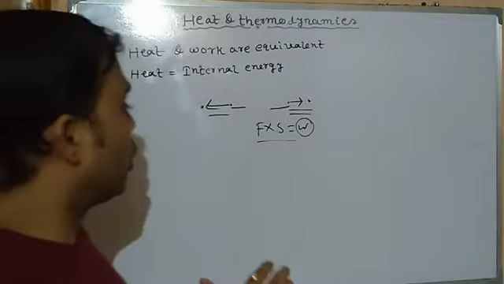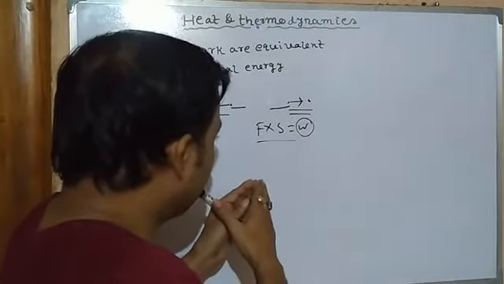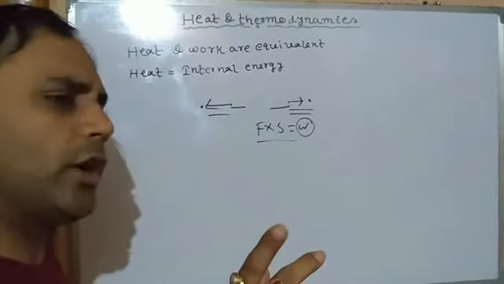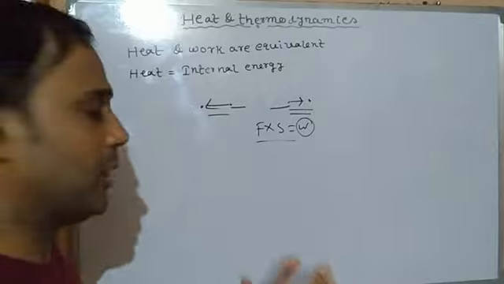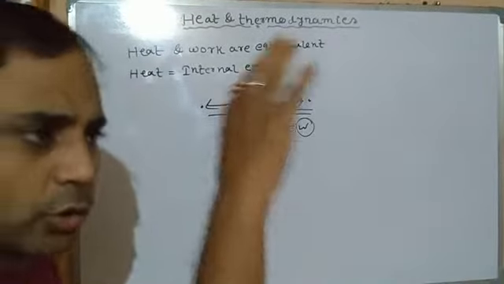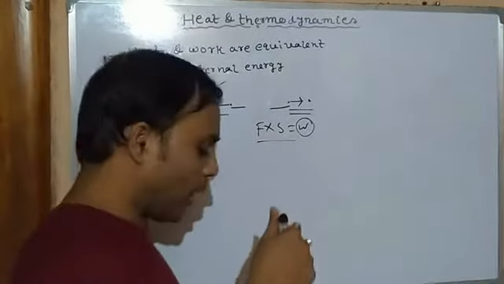Okay, so that is internal potential energy and internal kinetic energy. The potential energy of the molecules and the kinetic energy of the molecules, in total, is called internal energy, which is nothing but the heat energy. So what is heat energy?